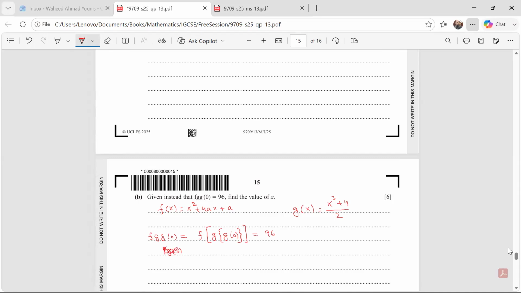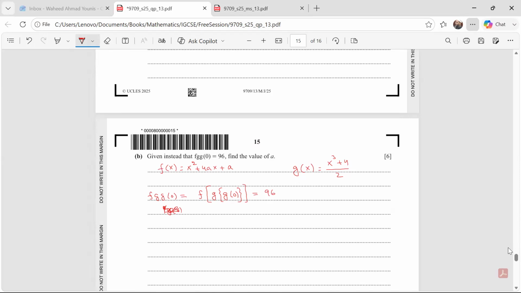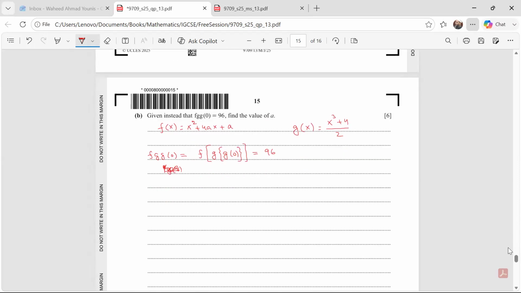I will do it step by step, which means that first I will try to find g of 0. From here you can see g of 0 is (0 plus 4) over 2, so this is going to be 2, right? Now what is g of g of 0? g of 0 is 2, so what is g of 2?